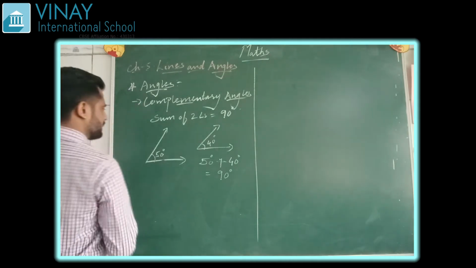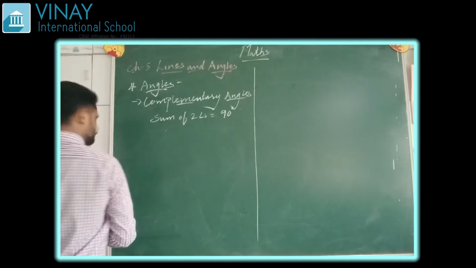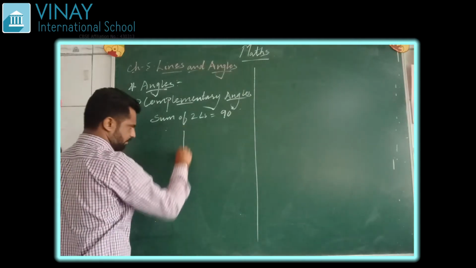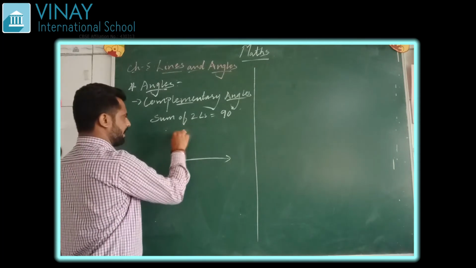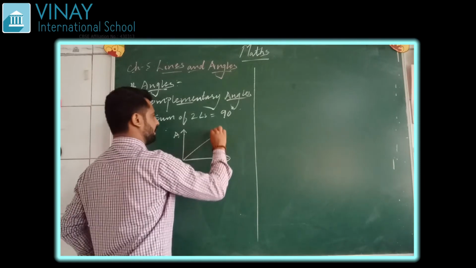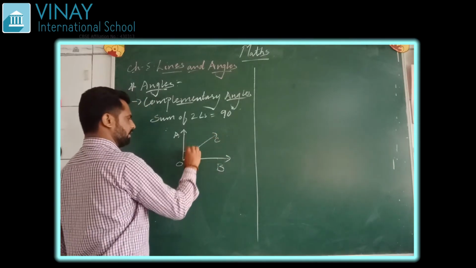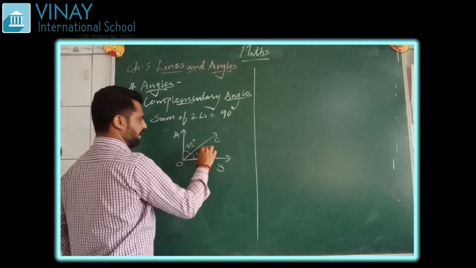Let us see one more example. I am writing A, O, B, and suppose here is C. This is 45 degrees and this is also 45 degrees.